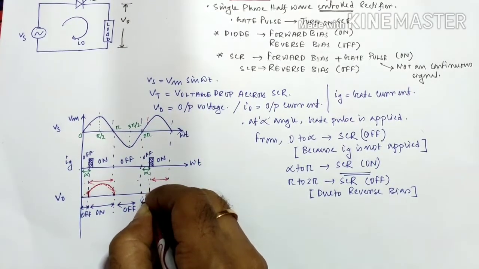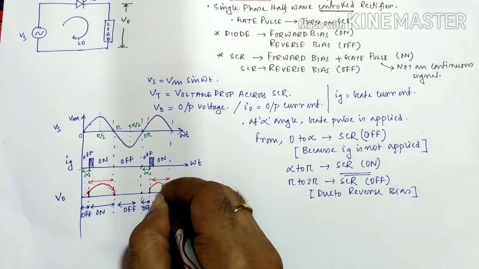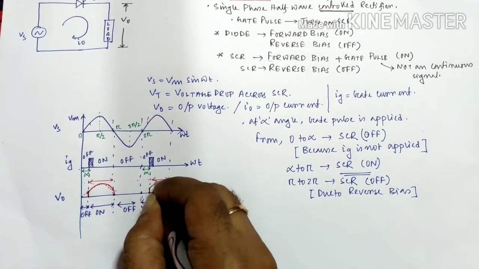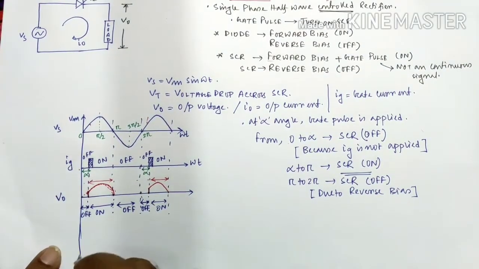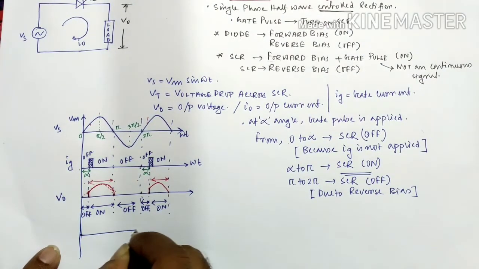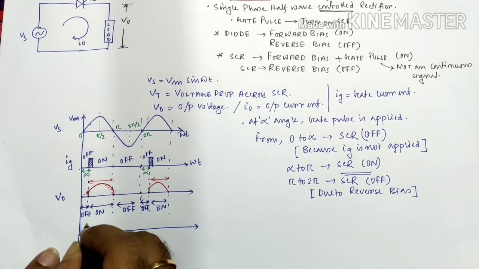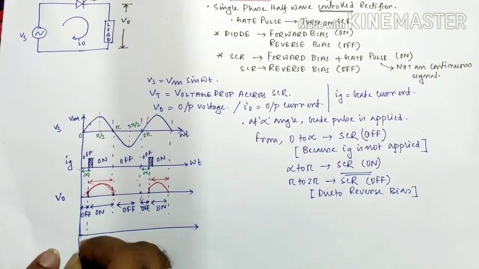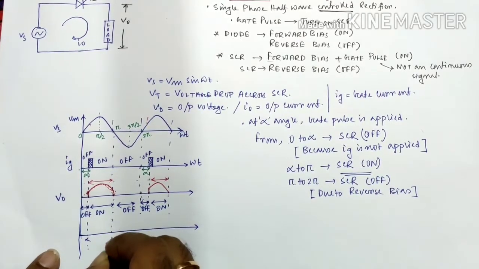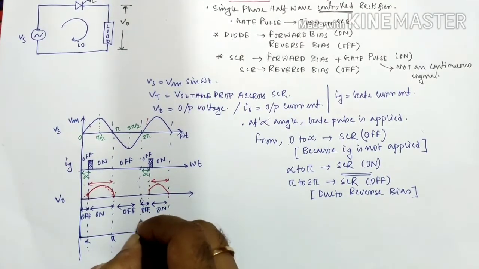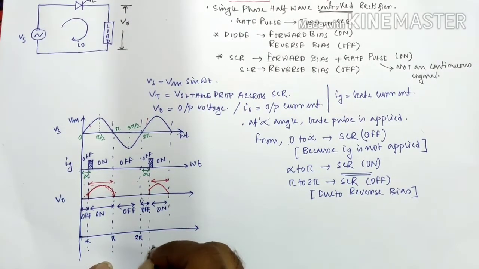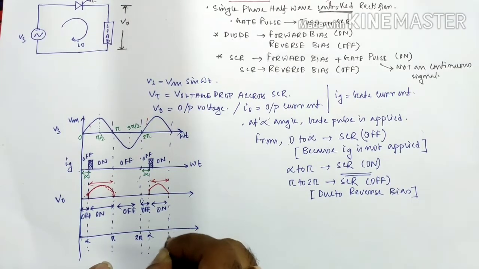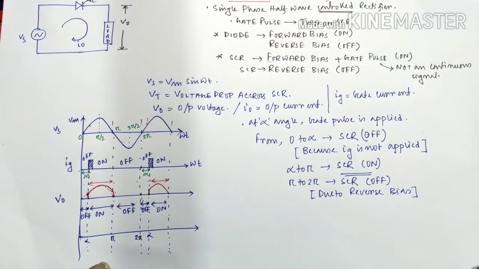So assume I am trying to draw the same graph here. So in this way the output looks like. Let me draw it once again here with a little bit better approach. So I assume this is the occurrence of the alpha, this is alpha angle, this is pi angle, this is 2 pi angle, this is once again alpha we have applied here, this is 3 pi.